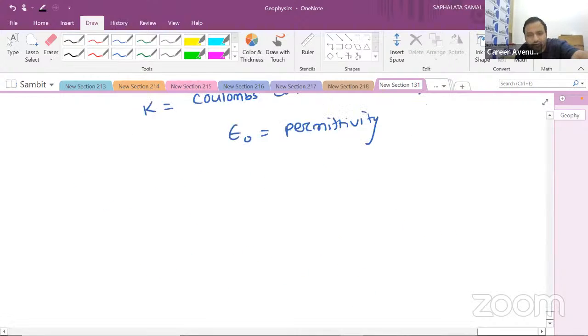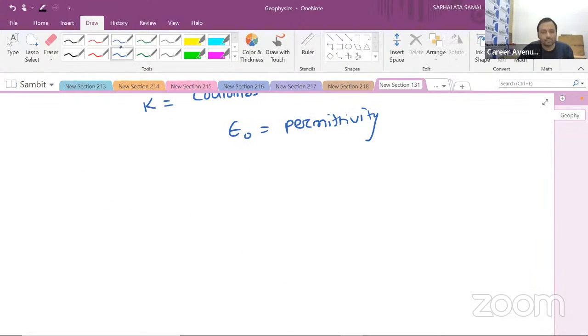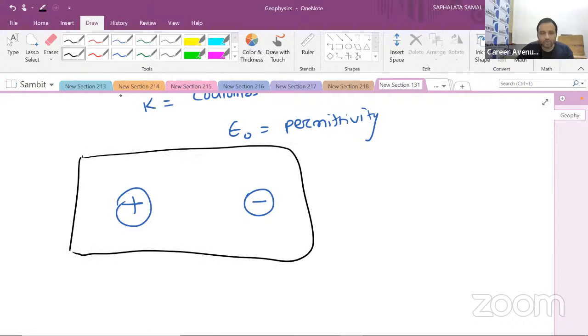Permittivity. Let's say we have a positively charged ion, we have a negatively charged ion. They will attract each other. That means it is applying some kind of force. Not all the force is reaching the negatively charged ion. Some is absorbed by the medium. Suppose this is my vacuum. I am doing this experiment in the vacuum. The vacuum medium will try to absorb some of the force.